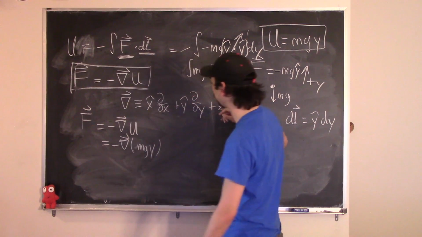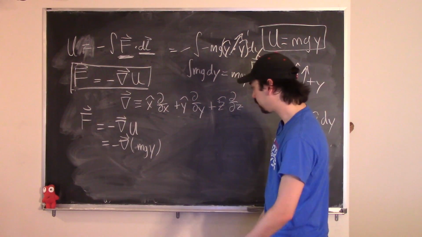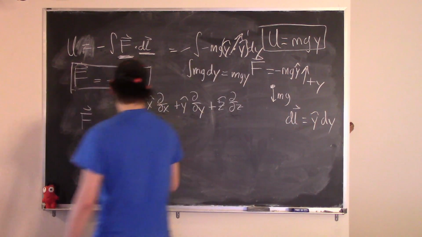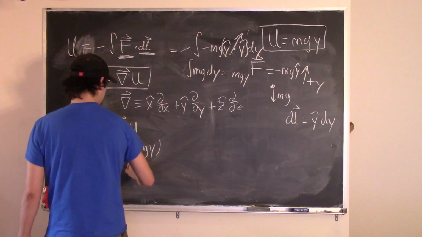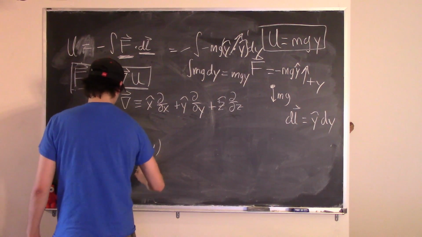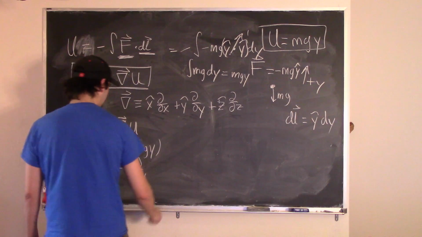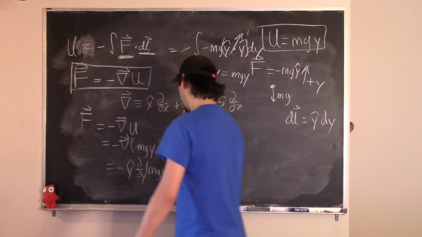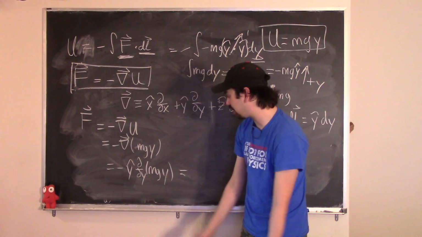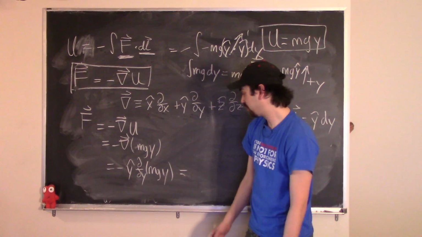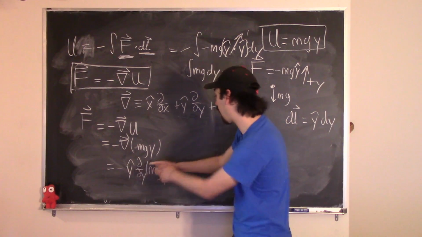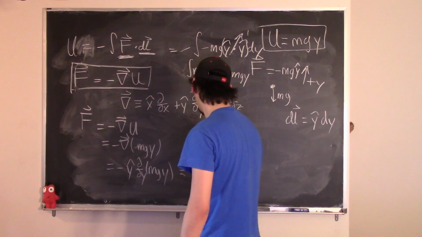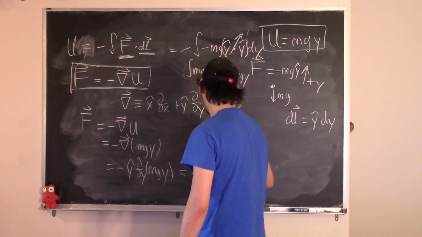There's no z dependency. There's only y dependency. And so when I do that, this is going to become minus y hat partial derivative with respect to y of mgy. And any of us can take the derivative of just y with respect to y. That's just going to be 1. And so this gives me minus mg y hat.